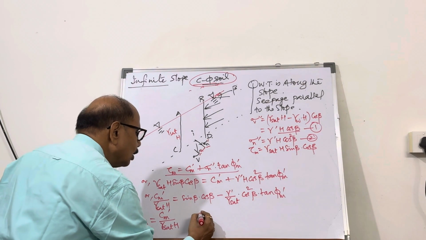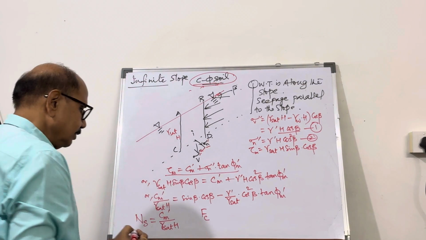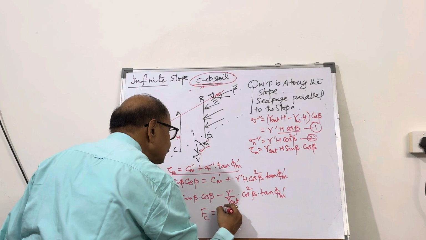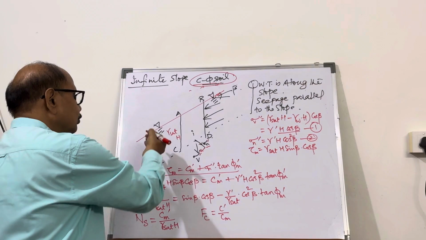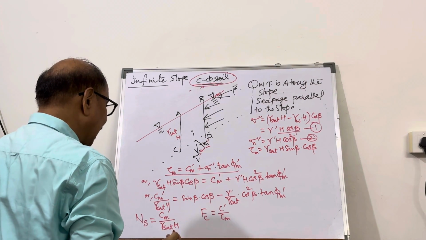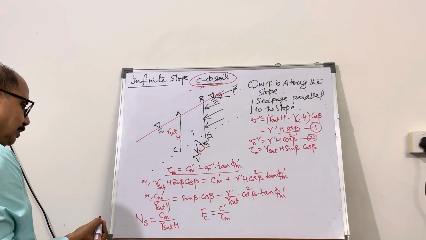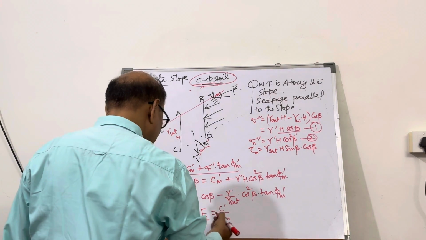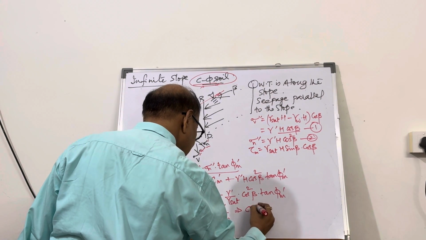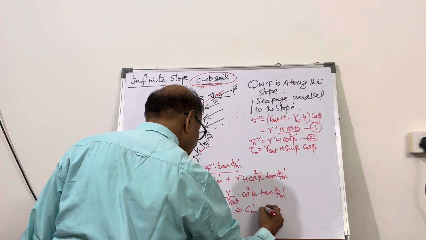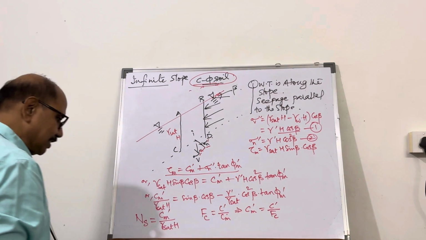Now, you know the factor of safety for cohesion is C prime upon the mobilized cohesion. What is the shearing strength of the ground? It is C prime divided by mobilized cohesion. So, this implies that Cm prime equals C prime divided by the factor of safety with respect to cohesion.